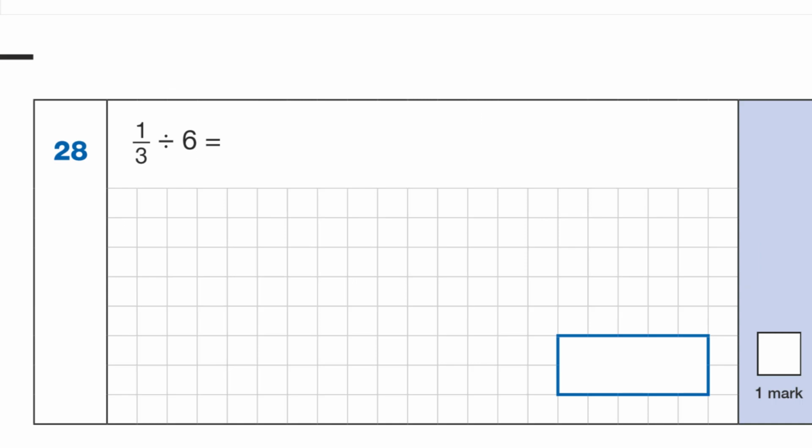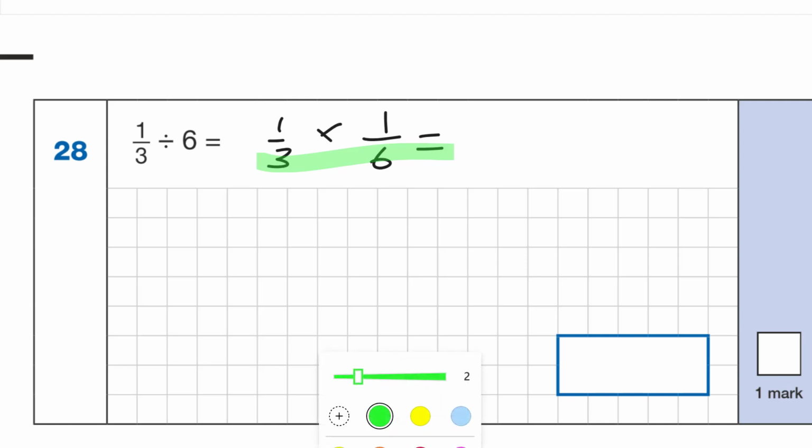Okay, so question 28, a third divided by 6. We've got another dividing fractions. Remember, when you divide by a number, it's the same as multiplying by that number when it's been inverted. So if the 6 became 1/6, it's exactly the same. And when we are multiplying fractions, all we need to do is multiply the top and multiply the bottom.